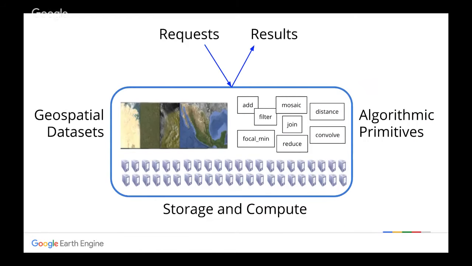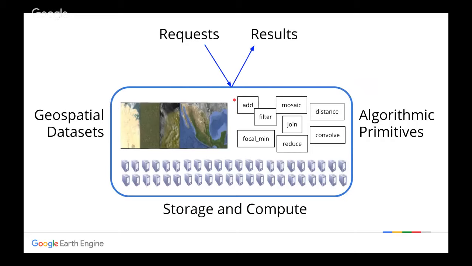How does this work? The code that you type into the online code editor, or the Python code that you create on your computer, never runs at Google. Instead, it gets turned into a request object. This is a fairly small JSON request object that gets sent to Google servers for processing.